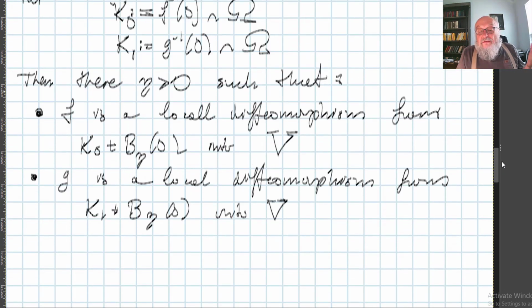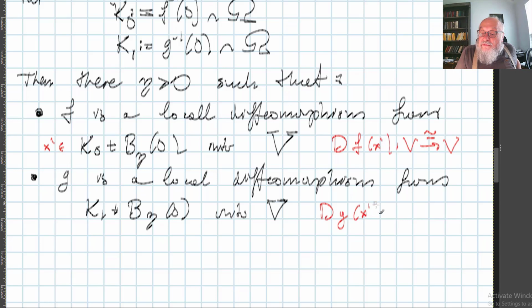That means in particular that for every x prime in here, df at x prime, which goes from V to V, is an isomorphism. The same here, dg at x prime from V to V will be an isomorphism. That's one of the things that you are going to use.